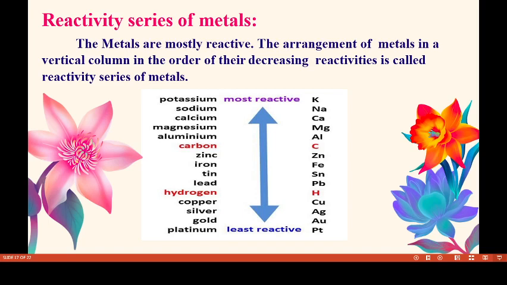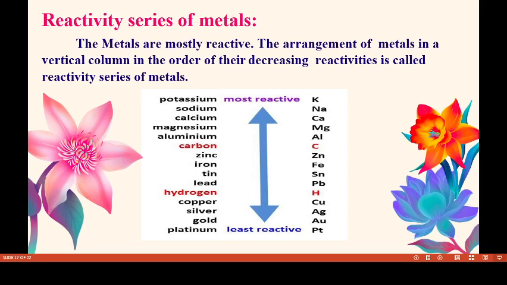The arrangement of metals in a vertical column in the order of their decreasing reactivities is called the reactivity series of metals. Which one is most reactive here? The first is potassium, the most reactive. After that sodium, after that calcium.